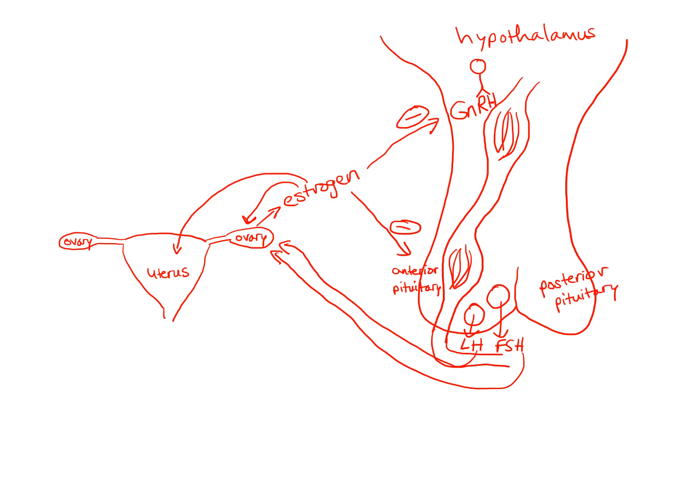But the egg, the follicle keeps getting bigger, it keeps producing more estrogen, and pretty soon the estrogen levels start getting really high. And then we're going to switch over, and now estrogen, instead of having a negative feedback effect, is going to have a positive feedback effect on the hypothalamus and the anterior pituitary.